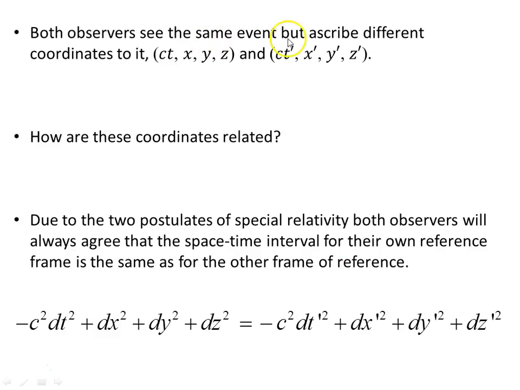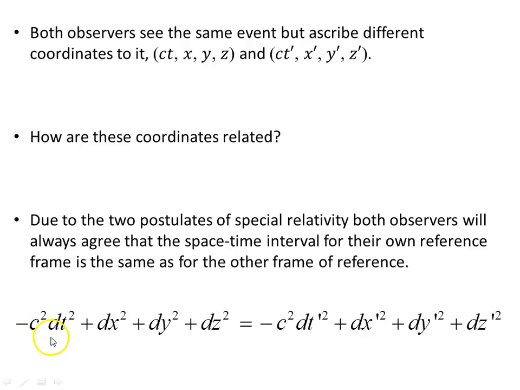Right, both observers see the same event but ascribe different coordinates to it. So the first one in S ascribes ct, x, y, z, and the second one ct dash, x dash, y dash, z dash. How are these coordinates related? Well, due to the two postulates of special relativity, both observers will always agree that the space-time interval for their own reference frame is the same as for the other observer's frame of reference.